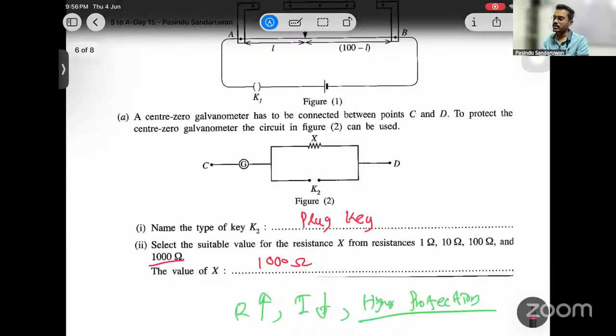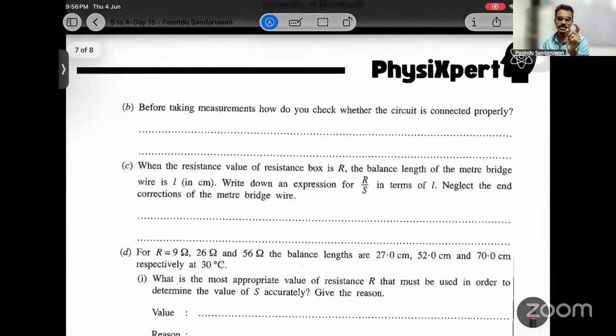So first keep the slider key at A and B respectively, and check whether the center zero galvanometer deflects from one side to the other. If it deflects, your connections are correct and you can have a balance point. If not, there can be improper connections, and then you don't get a balance point.